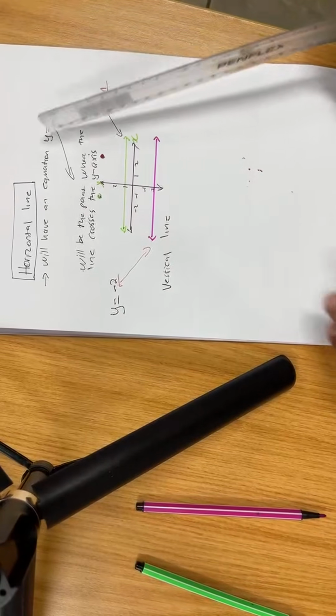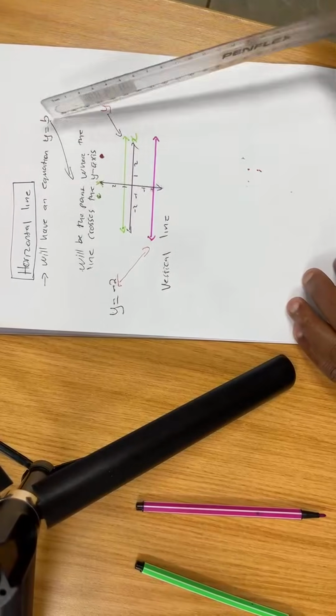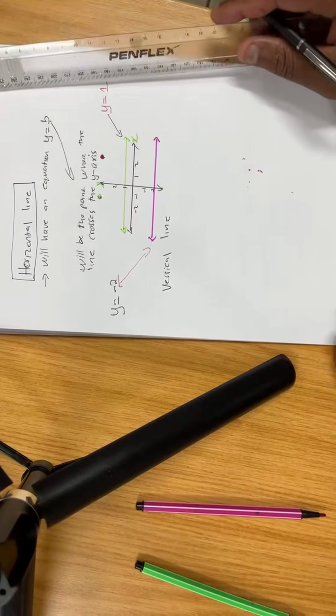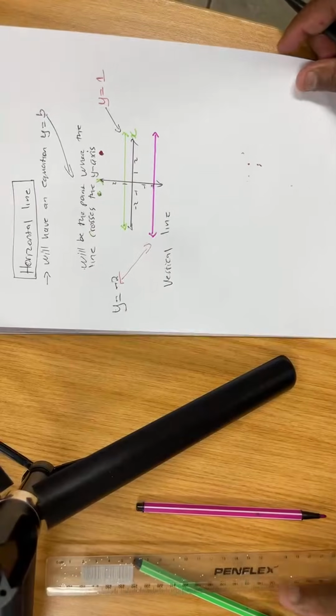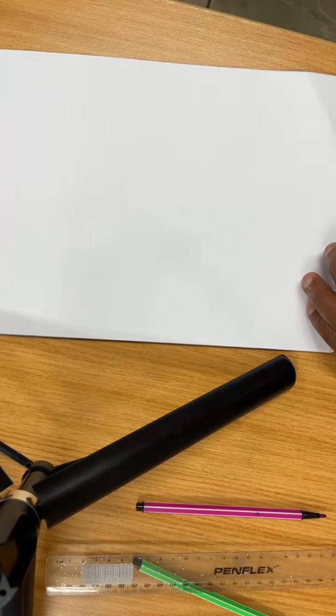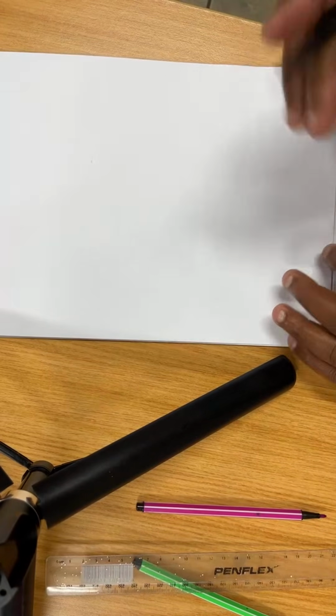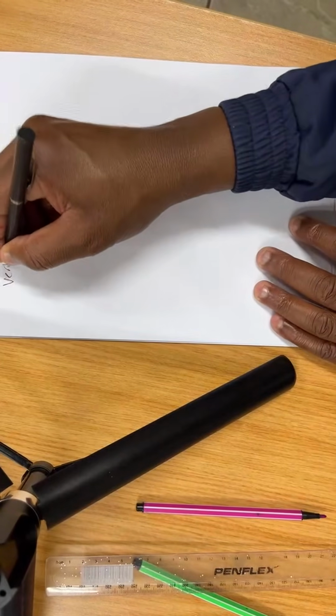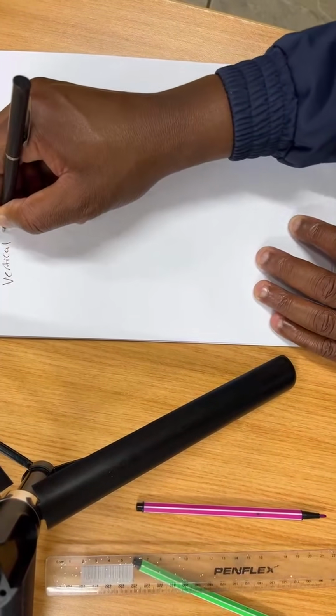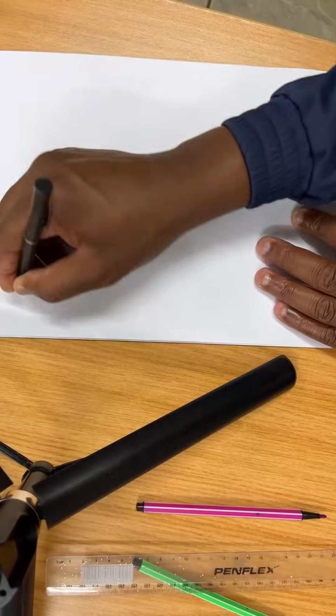So the number that we're talking about is where our line will pass. It is not vertical.